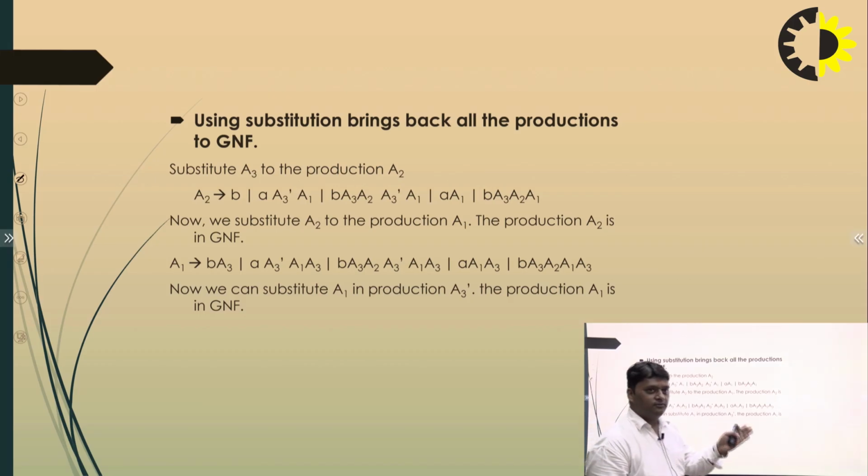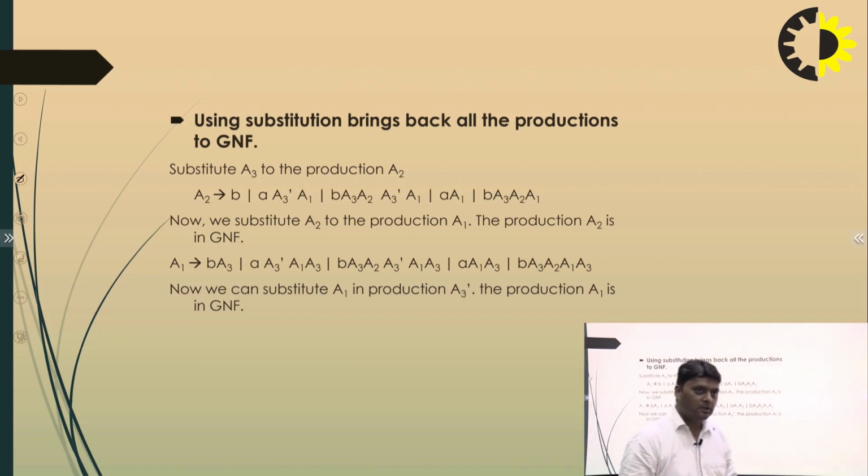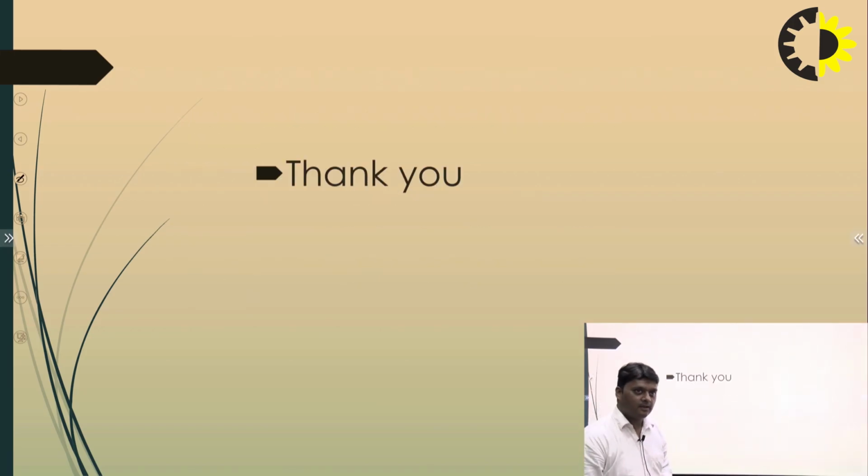This way we replace A2 and A3 dash in our grammar and get the production rules in the form of GNF. This way we convert the context-free grammar into GNF. Okay, thank you.